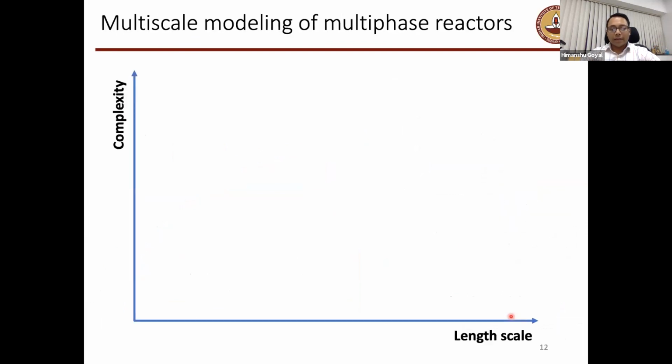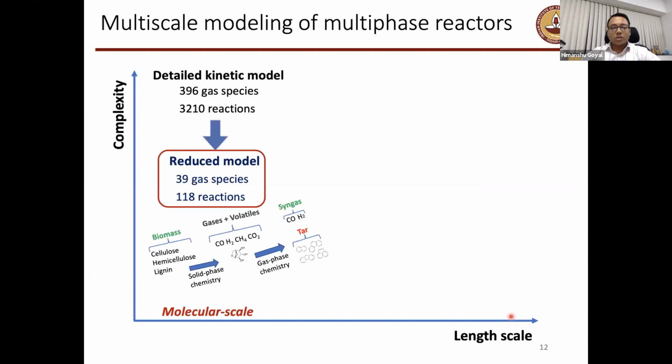So again, we have a multi-scale problem in biomass. First of all, as I mentioned, we start with the modeling of chemical kinetics, the chemical reactions. For this particular case, we found a very detailed chemical kinetic model for biomass conversion. As you can see, it has hundreds of species and reactions, which is computationally extremely expensive if you have worked on solving such a system.